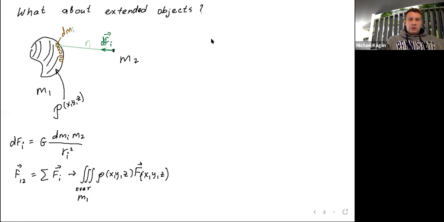So what also helps is the vector version of Newton's law of gravitation. We can promote force into a vector by understanding that this radius vector can be made a vector. So let's go back a slide.